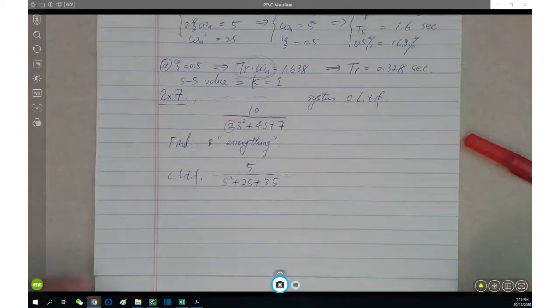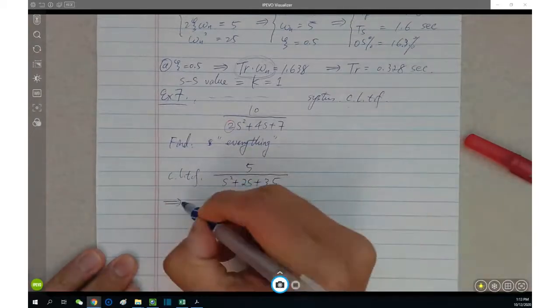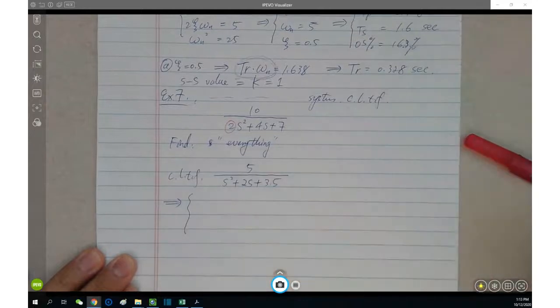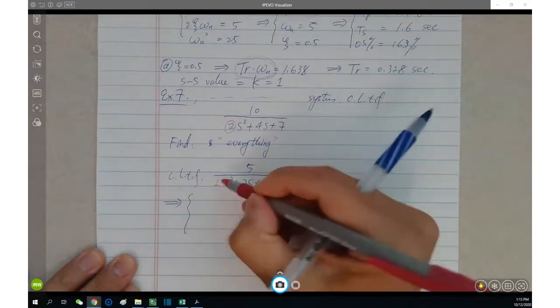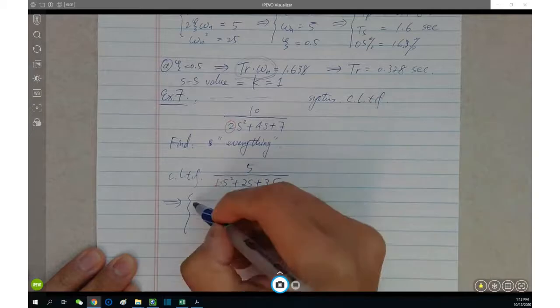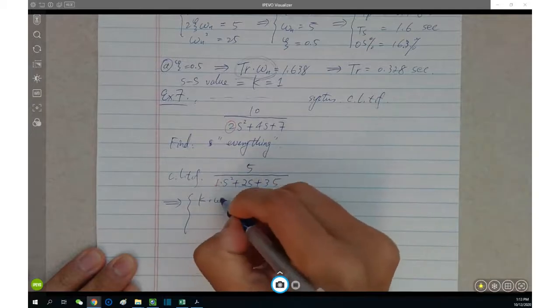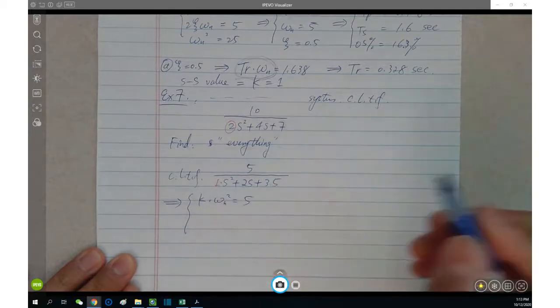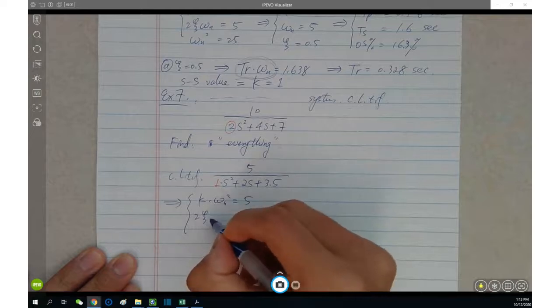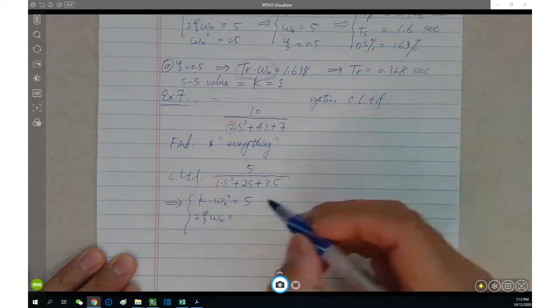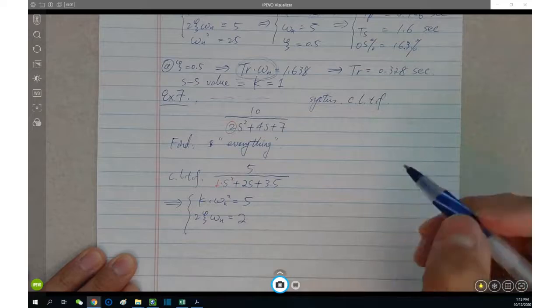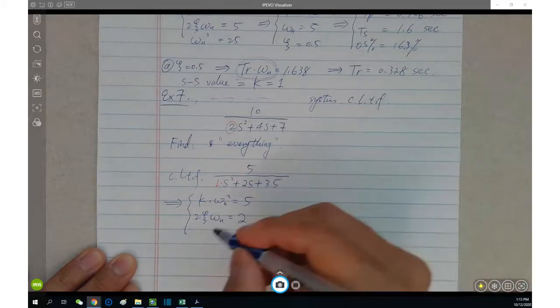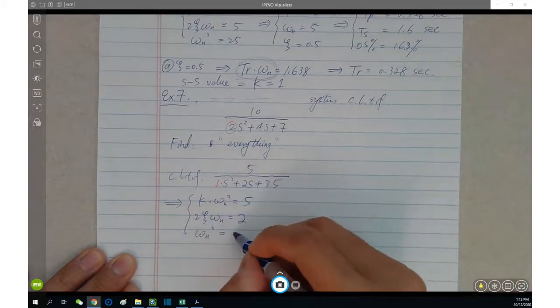And once we reach here, we know now the coefficient is 1 here. So we know k times omega n squared equals the numerator 5. 2 zeta omega n equals the denominator 2, the coefficient of the s here. Omega n squared equals 3.5.